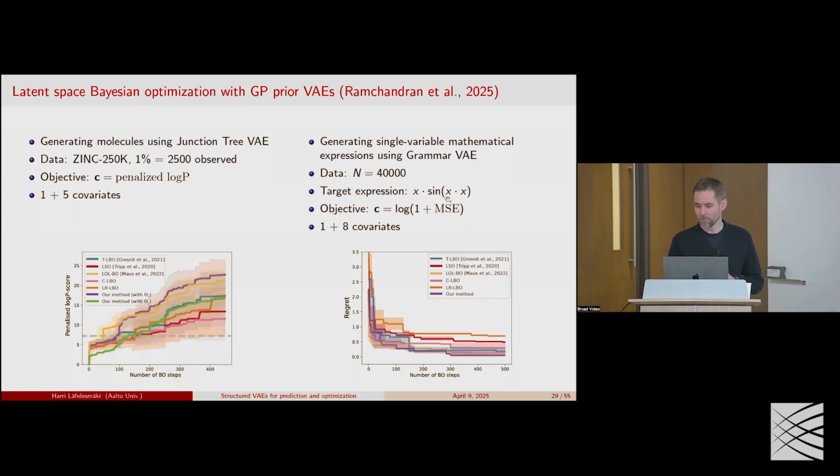The target is to find this kind of expression, and the objective is the MSE of this function in a certain range of inputs X. The key innovation of our technique is to use this C value as one of our partially observed covariates, as well as other covariates that we can easily obtain from these expressions that we are modeling. And again, many different techniques are compared. The purple one is our model, which again performs quite competitively.